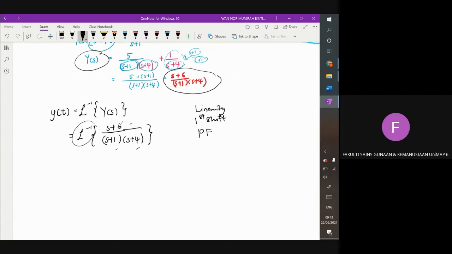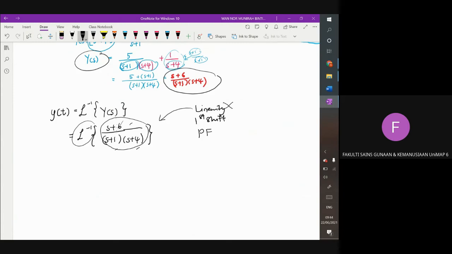Can linearity be applied here? No. If you split s over s plus 1, s plus 4 plus 6 over s plus 1, s plus 4, it is the same thing and solves nothing. So we try to avoid linearity here. It is too early to use linearity, as it is not possible to solve this kind of function.